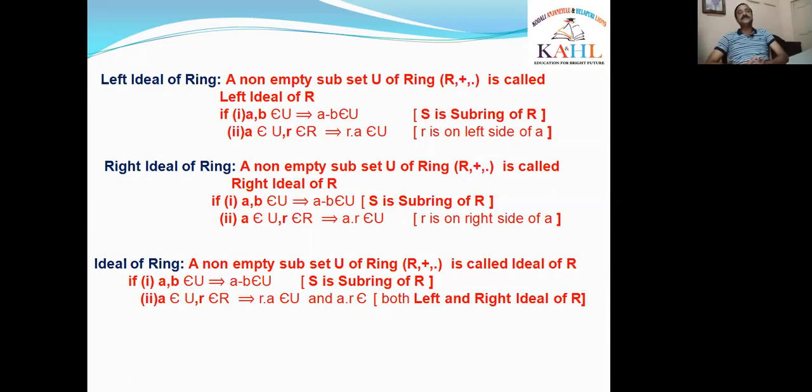If S is a non-empty set in a ring R, then S is a subring of R if and only if a minus b belongs to S and a dot b belongs to S for all a, b belonging to S. By using this theorem, we have proven two theorems: the intersection of two subrings is a subring, and the intersection of an arbitrary family of subrings is a subring.